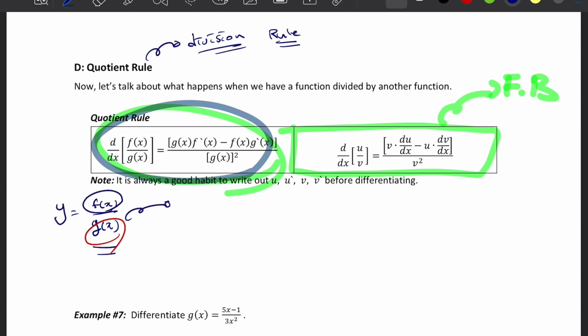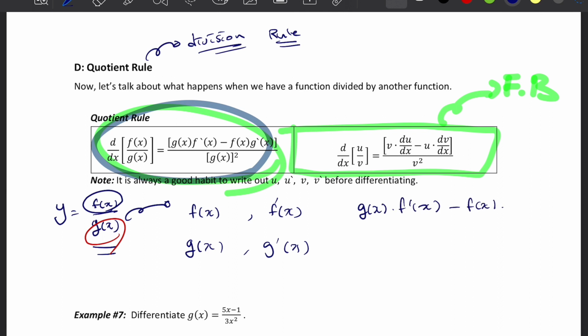In order to use the quotient rule, you need to find the derivative of each numerator and denominator. So f of x, f prime x, g of x, and g prime x. After that, you need to recombine them: g of x times f prime x minus f of x times g prime x, over g of x squared.